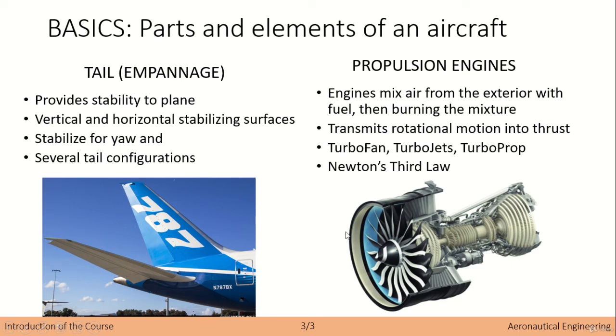Then this air goes into the engine, and inside it burns with a mixture of different fuels. The idea is that we transform rotational motion into thrust. So this air entering the engine makes the jet engine start rotating, and therefore it will generate some thrust.